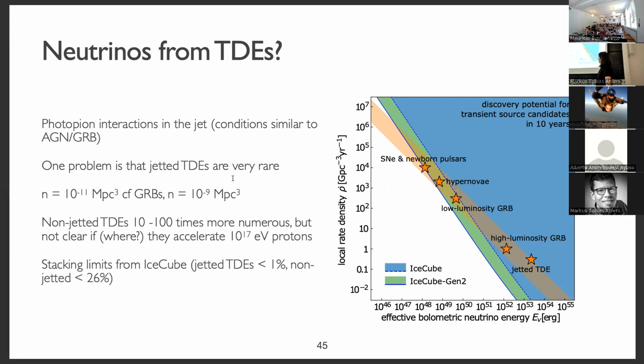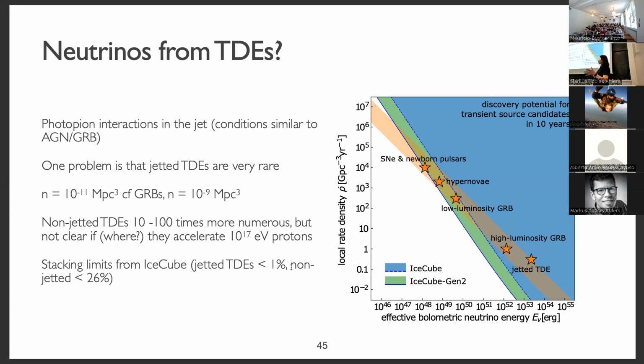And because jetted tidal disruption events are very, very rare, they are constrained by this non-detection of point sources. Stacking limits and an independent search for neutrinos from jetted tidal disruption events have limited them to no more than 1% of the total neutrino flux.